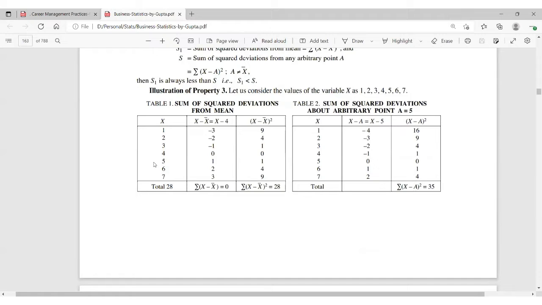If you replace these numbers by 4, 2 by 4, 3 by 4, 5 by 4, 6 by 4, and 7 by 4, replace all these numbers by 4, the total is still 28. 4 plus 4 plus 4 plus 4 plus 4 plus 4 plus 4, so the total always comes to be the same, that is 28.